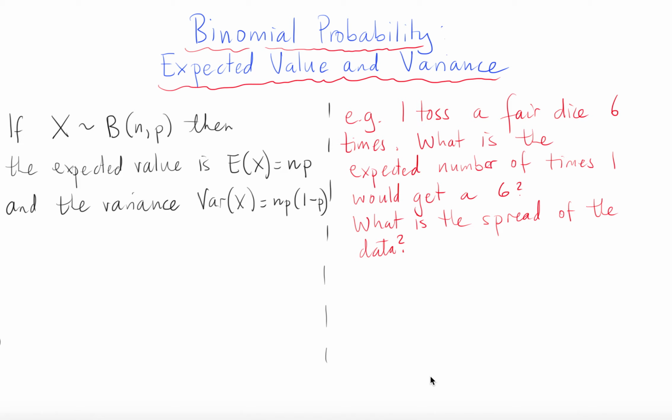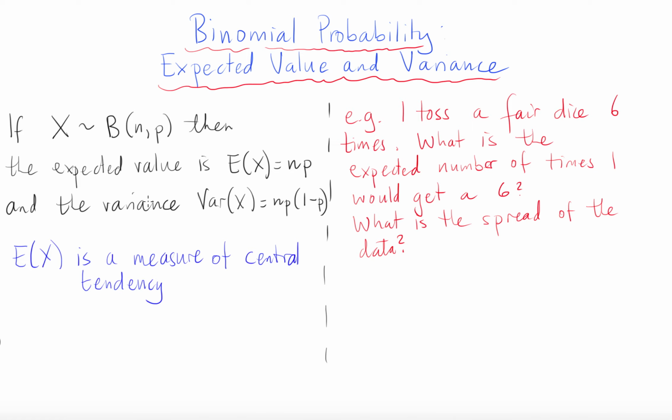Welcome to this video where I'm going to talk about the binomial probability, and I'm going to link it to expected value and variance. Well, expected value, what's that? Well, in this context it's a measure of central tendency, or the most likely occurrence.